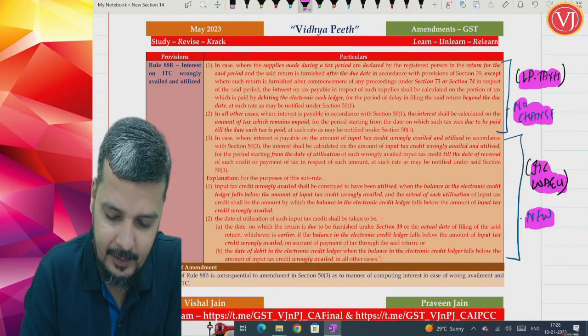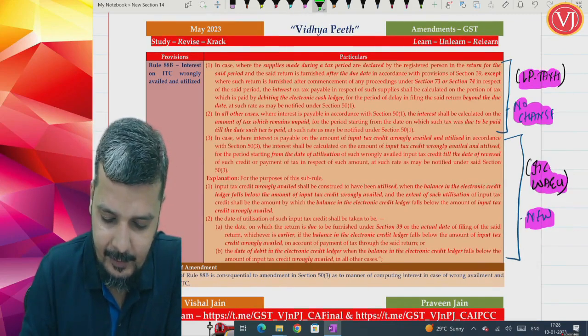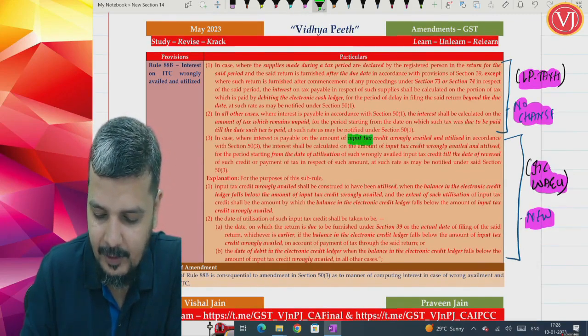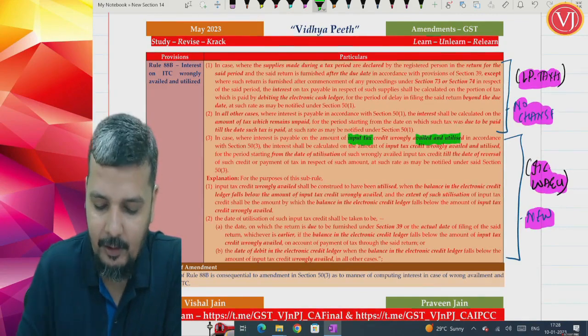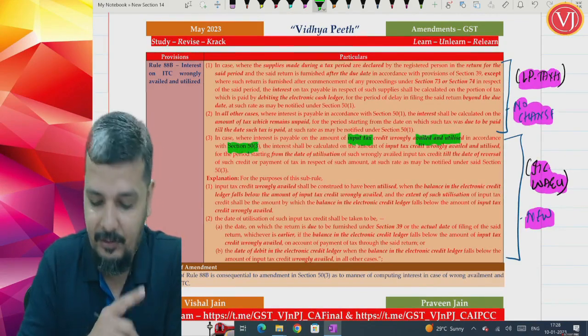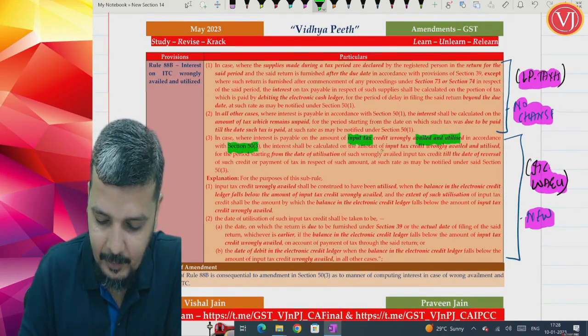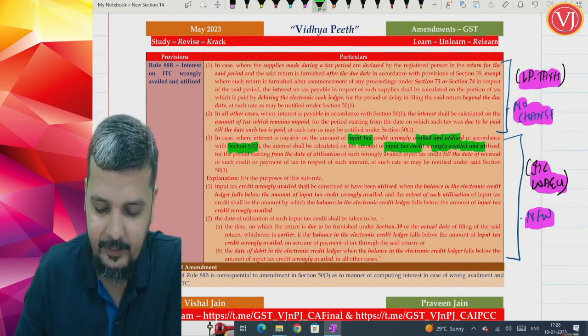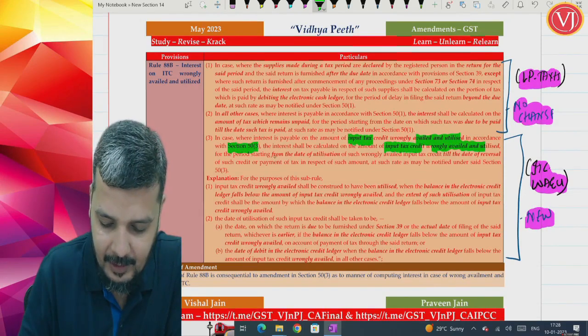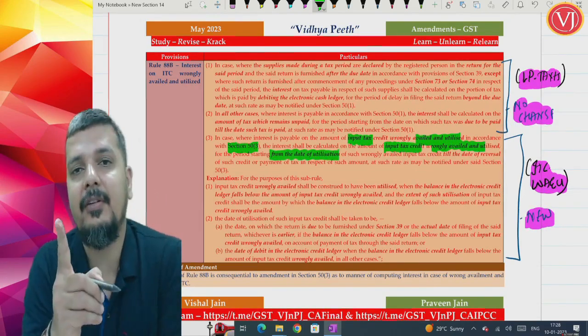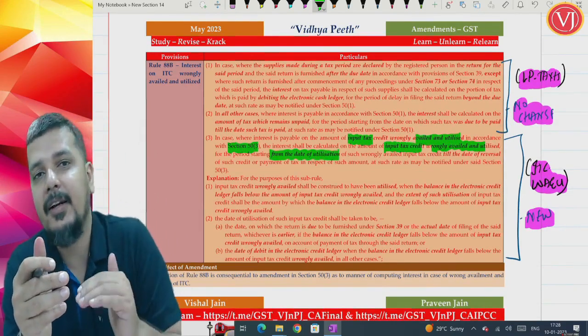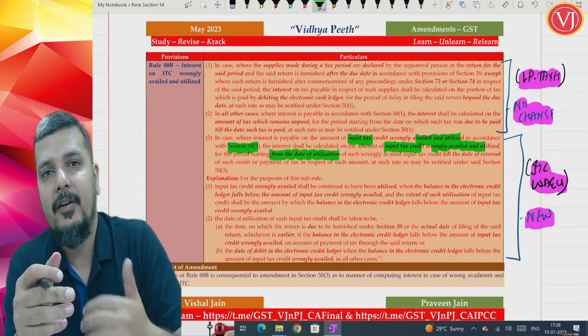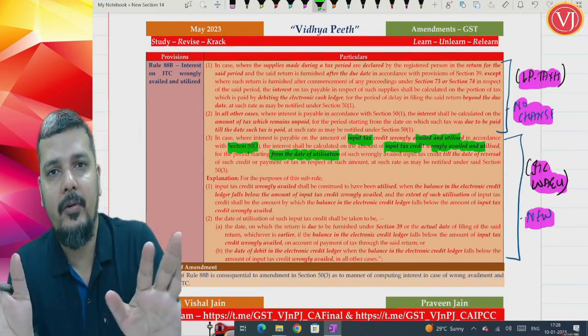If you look at the wordings, where interest is payable on input tax credit wrongly availed and utilized in accordance with section 50 subsection 3, interest shall be calculated on the amount of input tax credit wrongly availed and utilized from the period starting from the date of utilization. Interest will start from the date of using the credit, not availing it. You would have availed it, but if you have not used it, no interest.